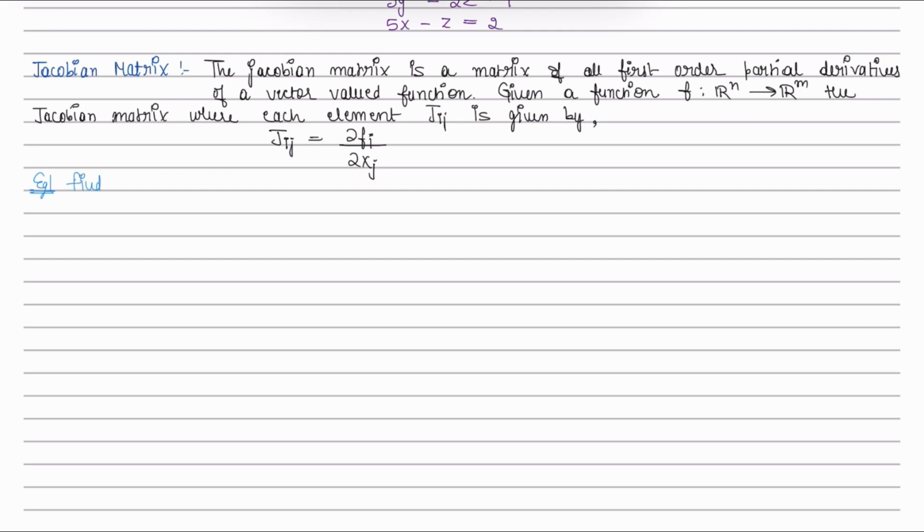For example, find the Jacobian matrix of f1 is equals to x square minus y plus 1 minus 1 and f2 is x minus y square plus 1.